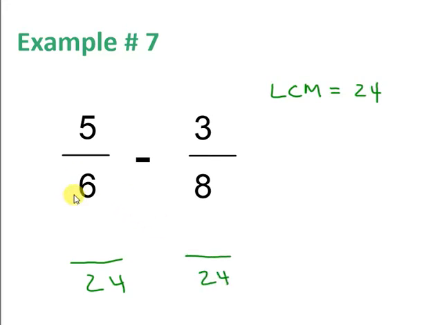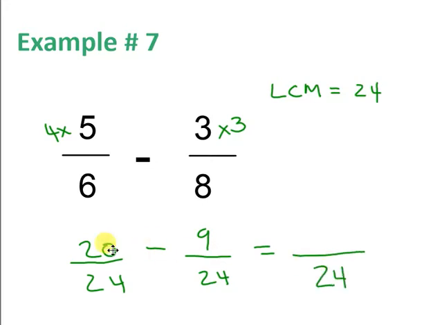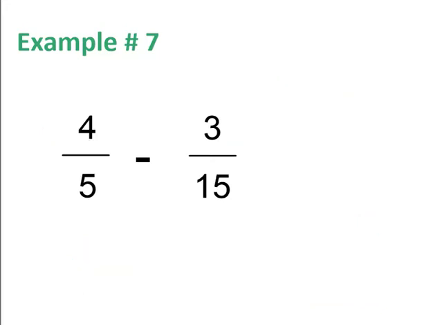Okay, 6 goes into 24 4 times. 4 times 5 is 20. 8 goes into 24 3 times. 3 times 3 is 9, and we're going to subtract this time. Our denominators are the same, so we're going to go ahead and bring them over. 20 minus 9 is 11, and I cannot simplify that anymore, so that is my final answer.